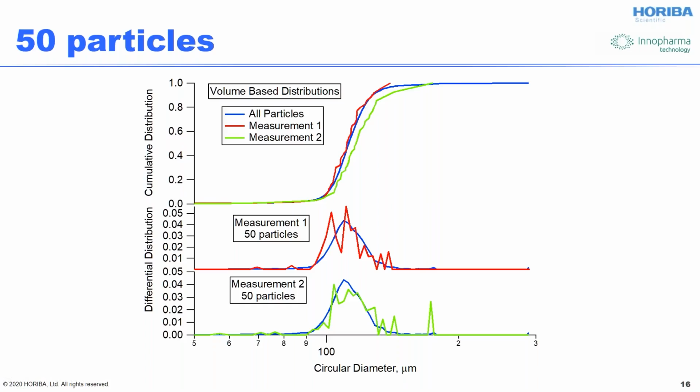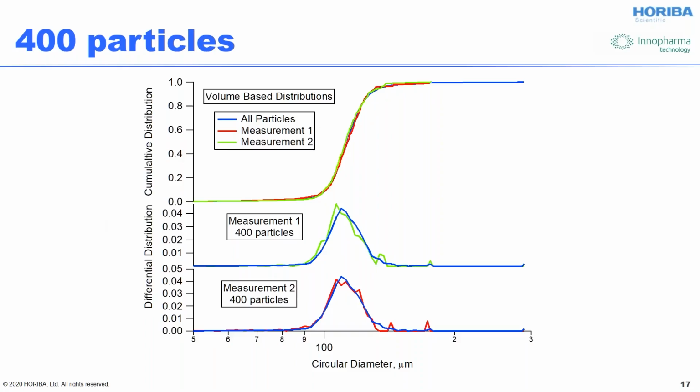And then we drew out 50 particles at random and did this a couple times. And you can see measurement 1 in red and measurement 2 in green. You get quite different results in size distribution. If you look at differential distribution, you can see the red and the green. They look quite choppy. They're not smooth. They kind of follow the underlying distribution, but don't do it all that well.